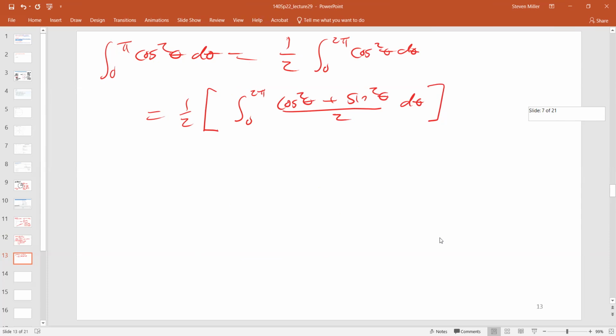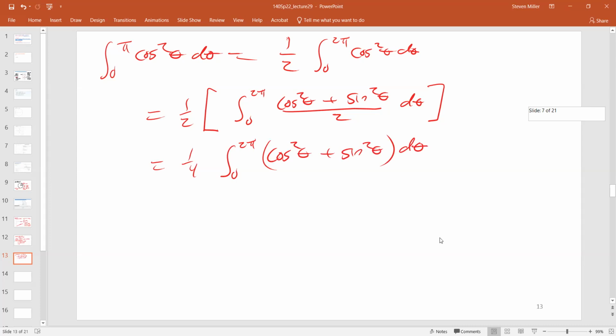No. So what do I do next? I could take the 1/2 out. So this would be 1/4 the integral from 0 to 2 pi of cosine squared theta plus sine squared of theta d theta.